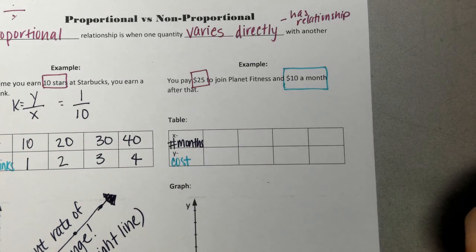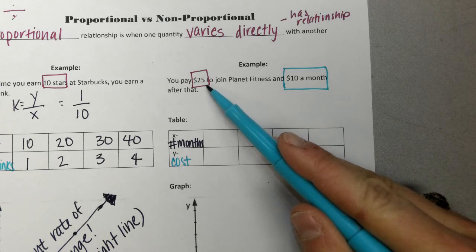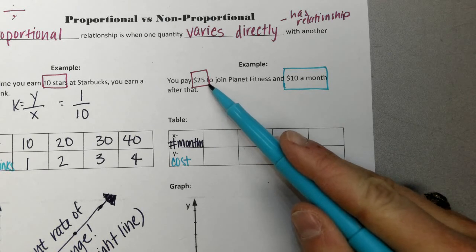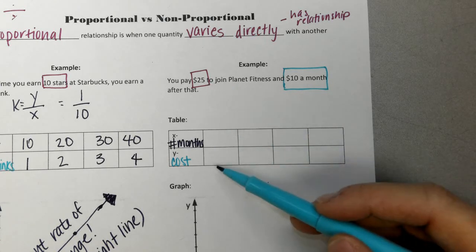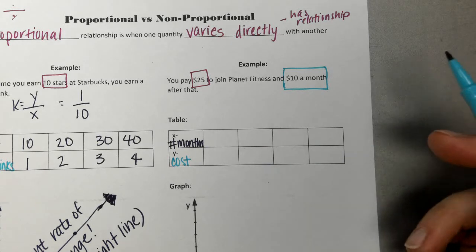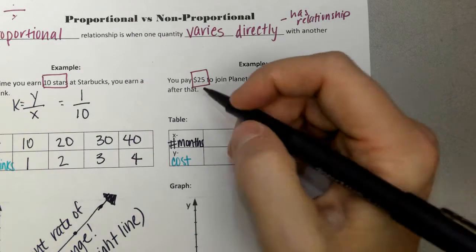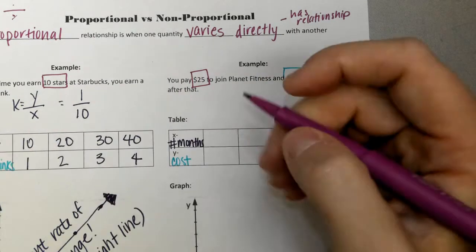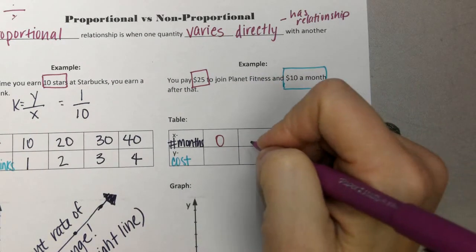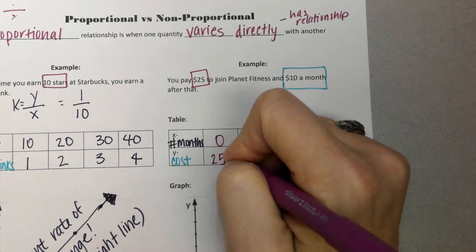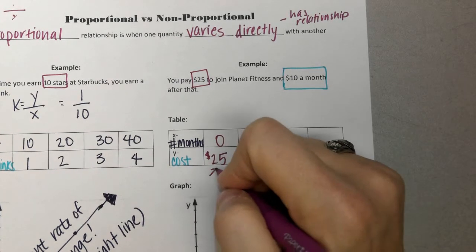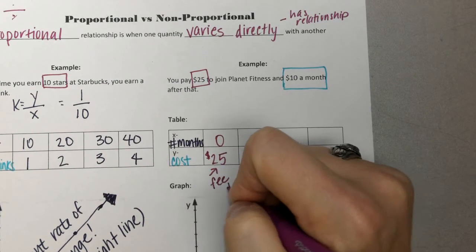So this time we have to put that $25 in to join, but it's not really on month 1 because it's before we start. Like, we have to pay a fee. So we're actually going to put that in at 0 months. It was $25. That's just the startup fee. Remember, there was a fee to start.